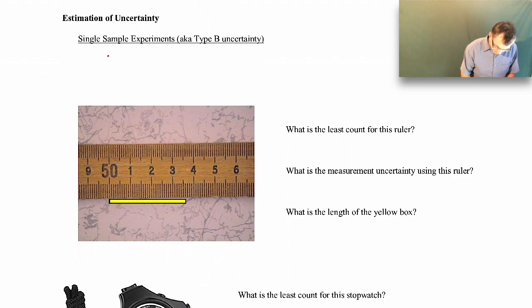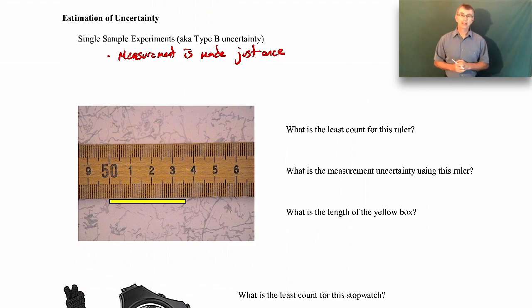So let's make a note of that. Measurement is made just once. And the way we quantify the uncertainty in that single sample experiment is it's equal to plus or minus 1/2 the least count of the experiment. So let me explain what that is.